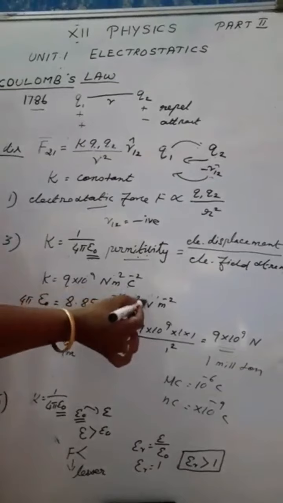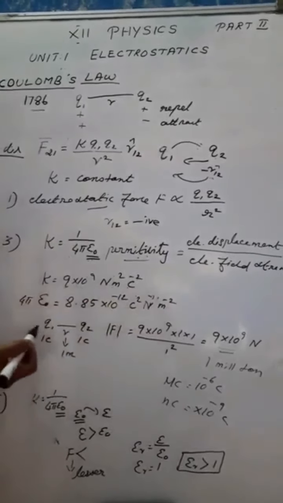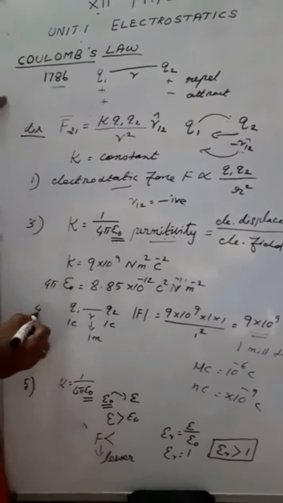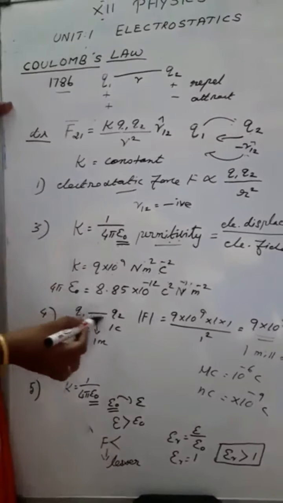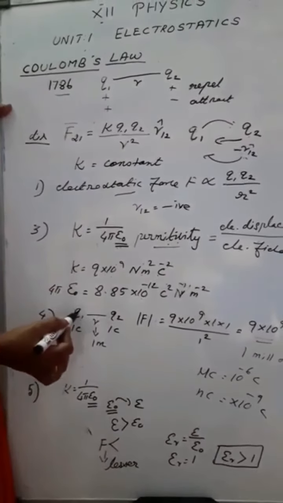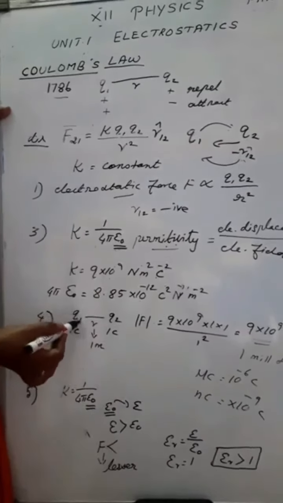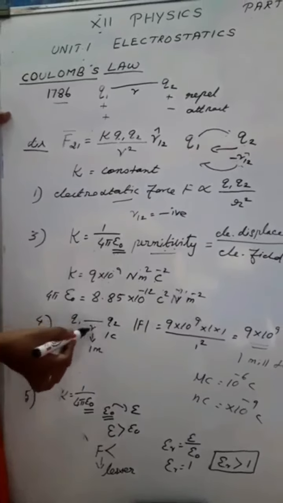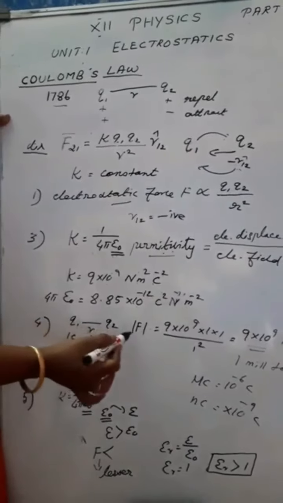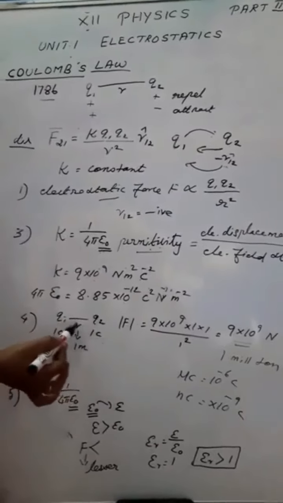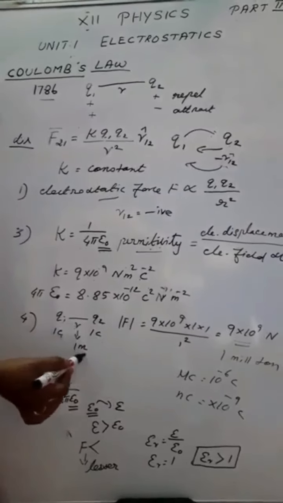And next, the fourth point is the magnitude of electrostatic force between two charges of 1 coulomb each, separated by a distance of 1 meter. We just assume Q1, Q2 value is 1 coulomb and the distance is 1 meter. Now we substitute the values in the force.